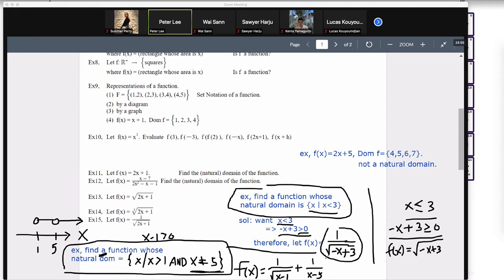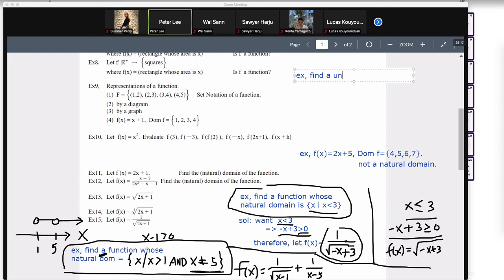Once you get the hang of it, it's very easy. Of course, it is easy and short if you know what to do, right? But remember, these domains can be much more complicated than this. I can actually give you an example.